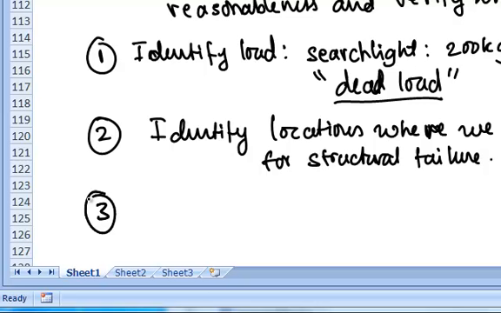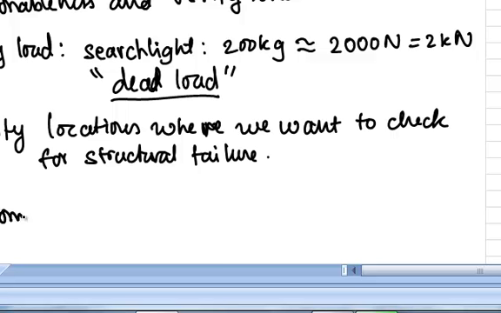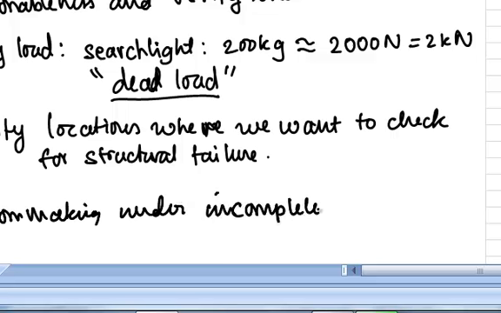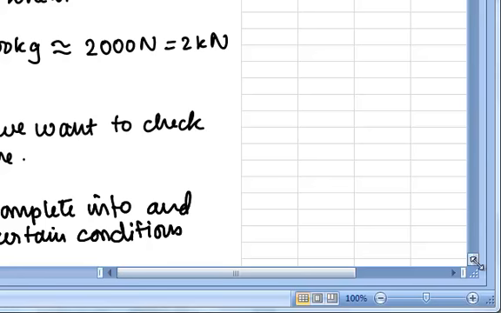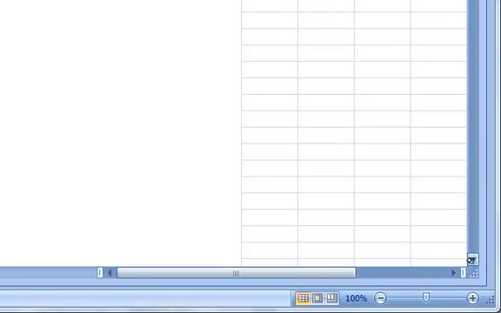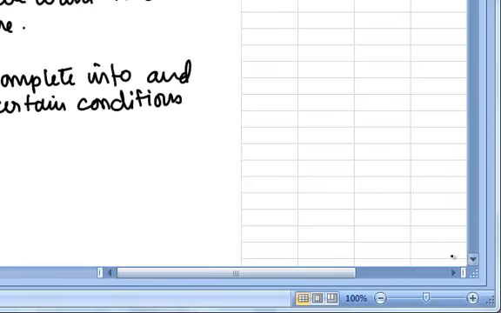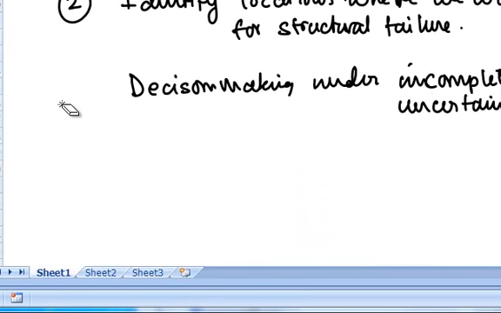So this is always the case, so get used to it. Engineering is decision making under incomplete information and uncertain conditions. That means you really don't know for sure whether this is the case or not. In some cases, the information may be completely missing. That's okay. That's the way it goes.